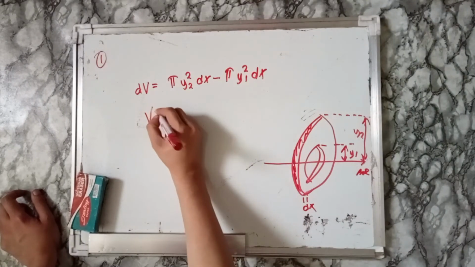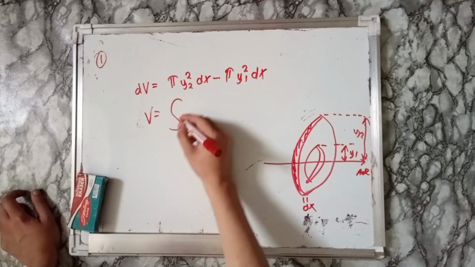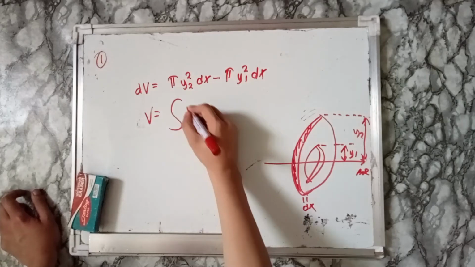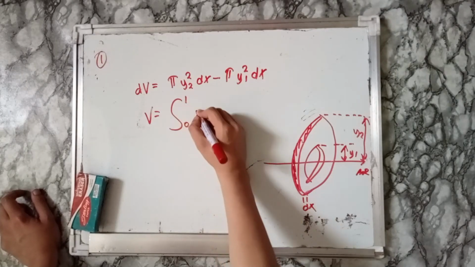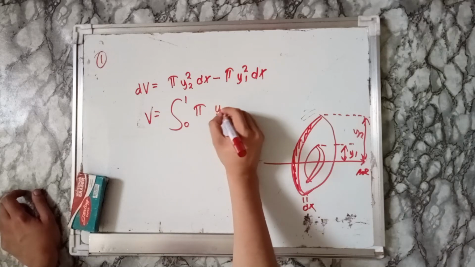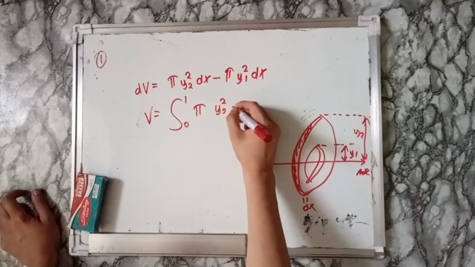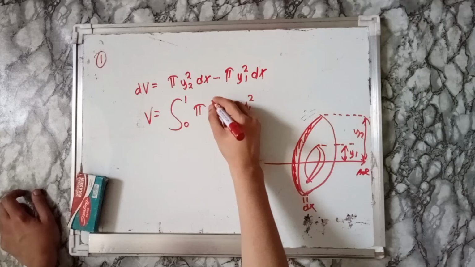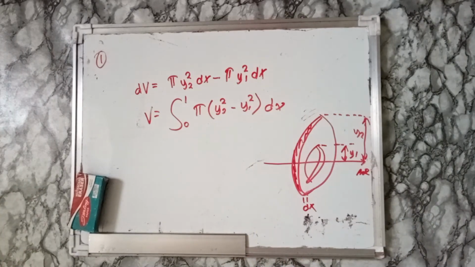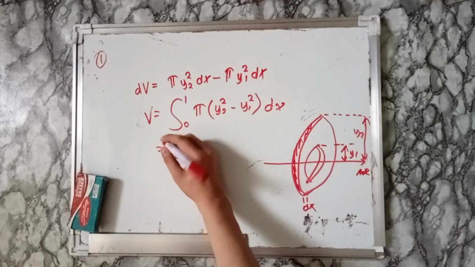Now, if we integrate both sides, our limit there is 0 to 1. So, if we factor out pi, this is just y sub 2 squared minus y sub 1 squared dx.